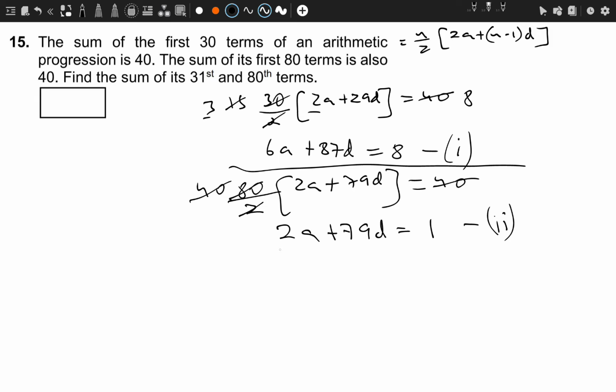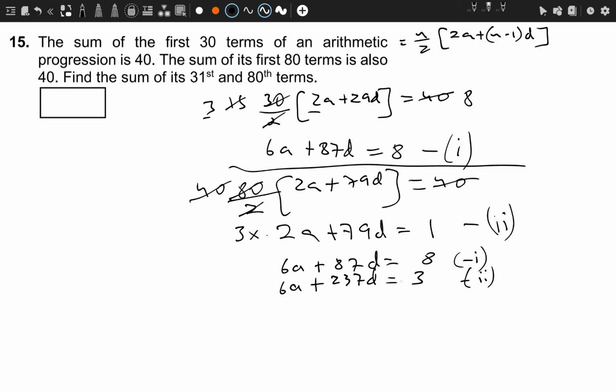Our first equation is 6a plus 87d is equal to 8. If we multiply our second equation by 3, we will get 6a plus 79 times 3. 70 into 3 is 210 and 9 into 3 is 27, so 237d is equal to 3.